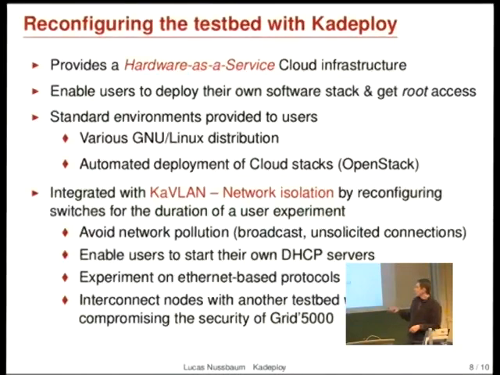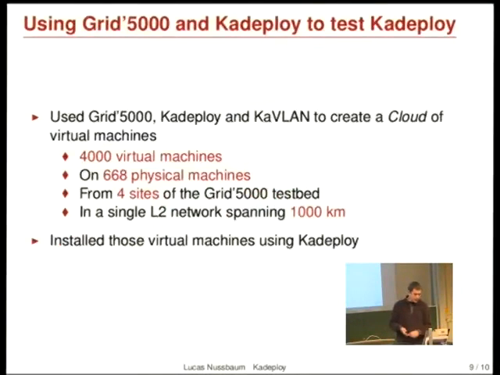We can also use it to interconnect nodes with another testbed without compromising the security of Grid'5000. You can take a piece of Grid'5000 and connect it to another testbed for the duration of the experiment. What we did with Grid'5000 and Kadeploy is some kind of inception, if you saw the movie: we used Grid'5000 and Kadeploy to test Kadeploy.